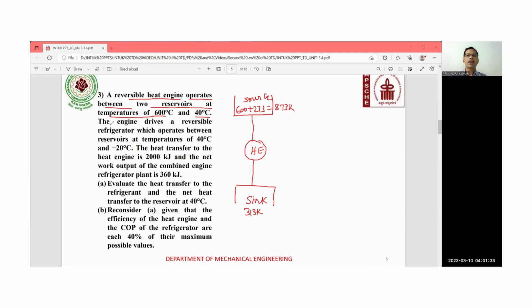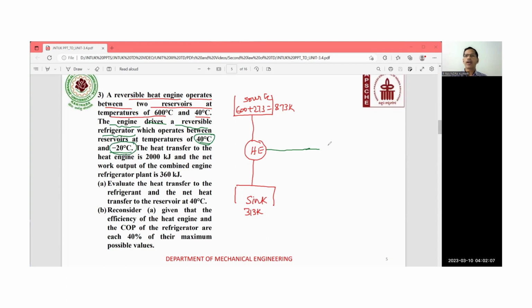What is the second one? The engine drives a reversible refrigerator, which operates between reservoirs at temperatures of 40 degrees centigrade and minus 20 degrees centigrade. See here, 40 degrees centigrade and minus 20 degrees centigrade.